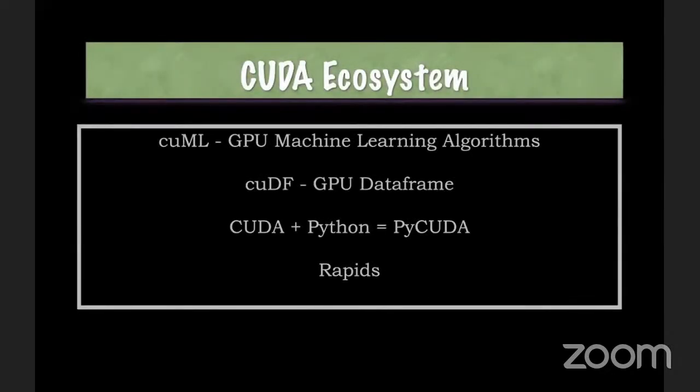Moving to the next one, the CUDA ecosystem. Today I'm going to invest more time on this CUDA environment. What is CUDA and how does it come about? In CUDA we have separate machine learning frameworks called cuML and cuDF, and we can also use CUDA separately with Python.